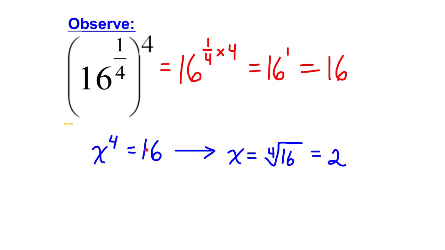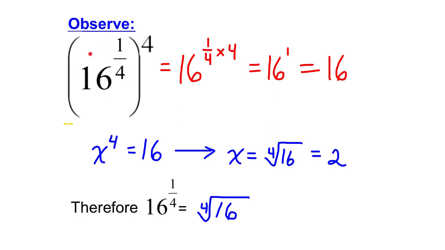Something to the exponent 4 is equal to 16, just like this to the exponent 4 was equal to 16. Well, that thing, the base of the power, is 2. So this must also equal 2. So 16 to the exponent 1 over 4 must be the same as the fourth root of 16.